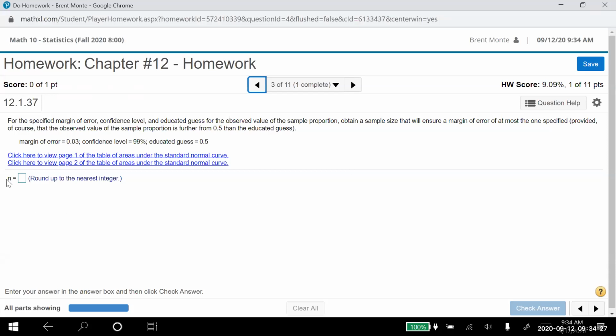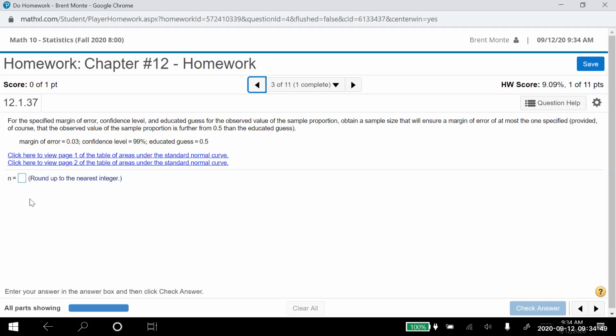All right, notice here it says n equals, we're looking for sample size. For the specified margin of error, confidence level, and educated guess for the observed value of the sample proportion, obtain a sample size that will ensure a margin of error of at most the one specified, provided, of course, the observed value of the sample proportion is further from 0.5 than the educated guess.